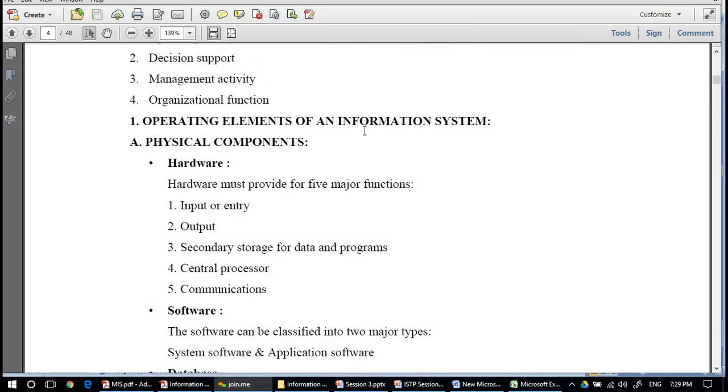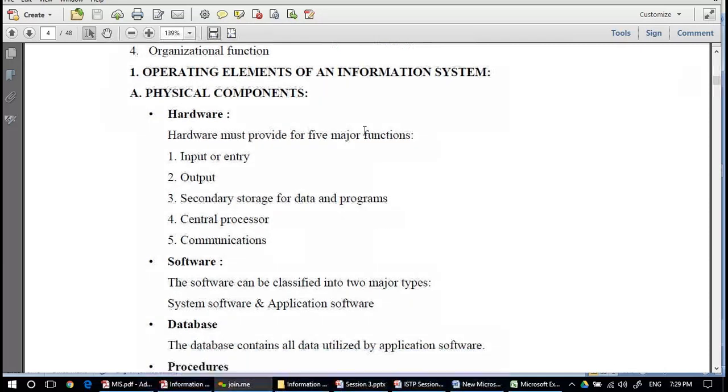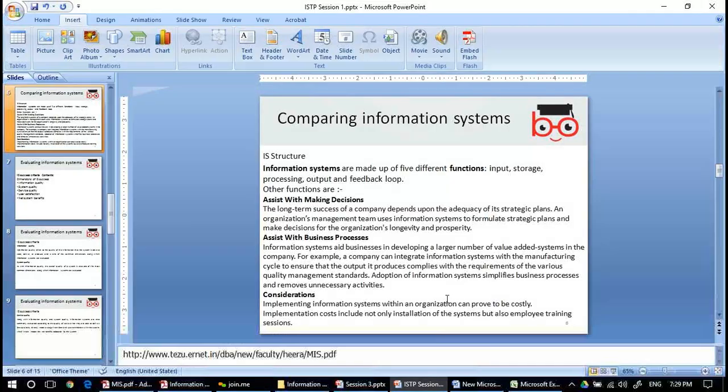If it is the operating level of an information system, then it could involve the physical components, which could be the hardware, and hardware could have the functions input, output, storage, central processing, and communications. As I discussed in general terms in the PPT here, they could be regarded as input, storage, processing, output, feedbacks, and these things.